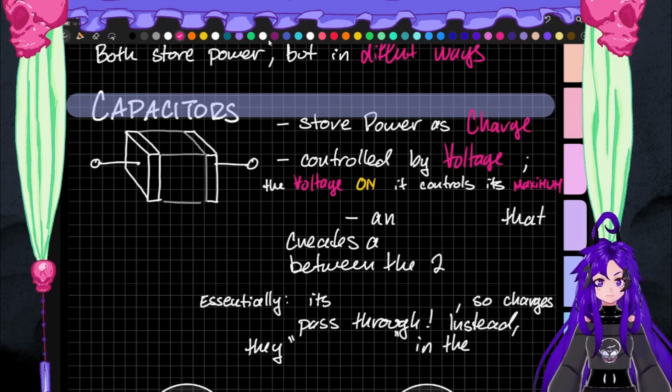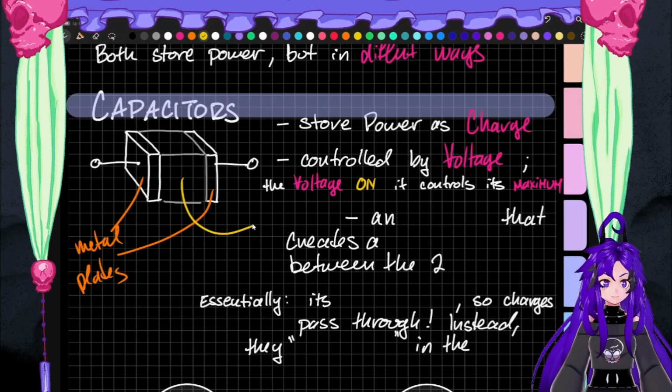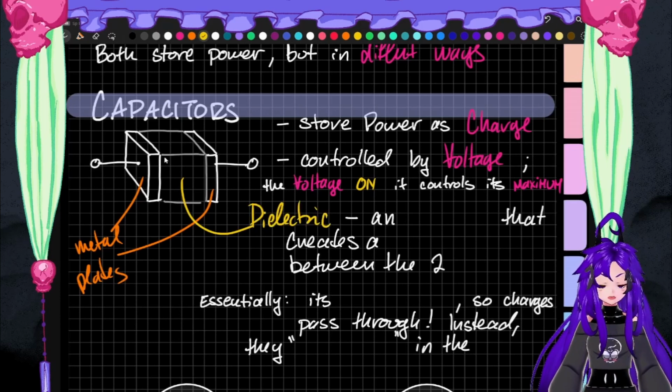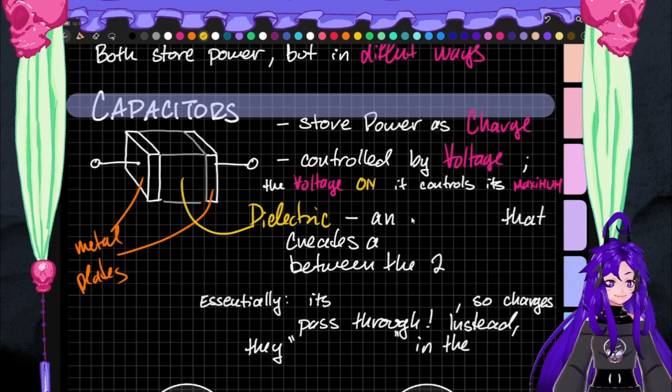So capacitors are made out of two major components. There's two metal plates, and then there's something called a dielectric. So this is an insulator.